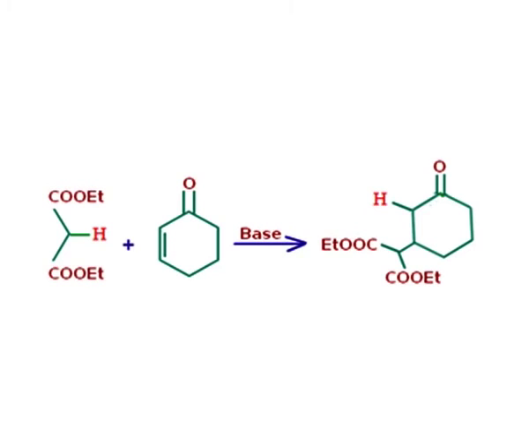For example, the addition of diethyl malonate to cyclohexenone in the presence of a base takes place by the initial addition of the carbanion formed by the removal of the acidic methylene hydrogen. Further, all addition reactions may take place not only at adjacent positions but also at the 1,4 position.